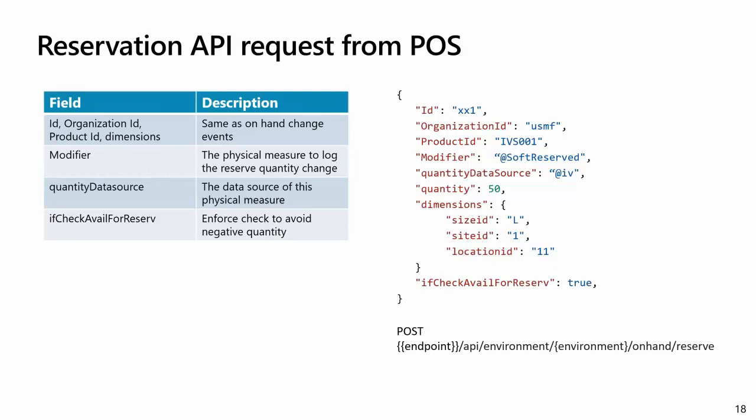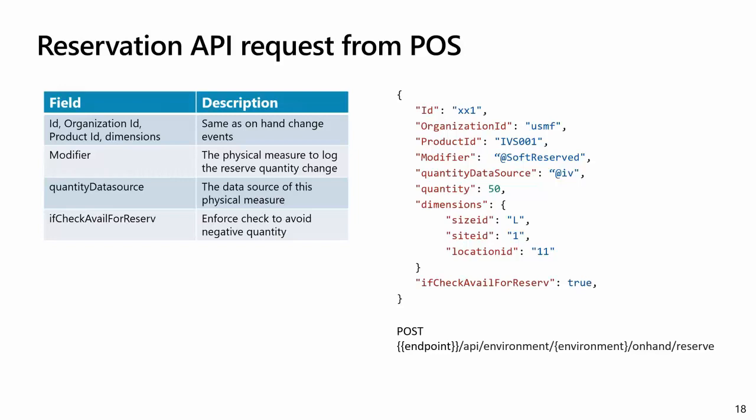Fields like request ID, indicating a unique identifier for a request, and organization ID for the data area ID inside Dynamics 365 supply chain management, product ID and inventory dimensions, are exactly the same as the definitions inside on-hand change events. And we'll be focusing on the additional fields introduced in this request.